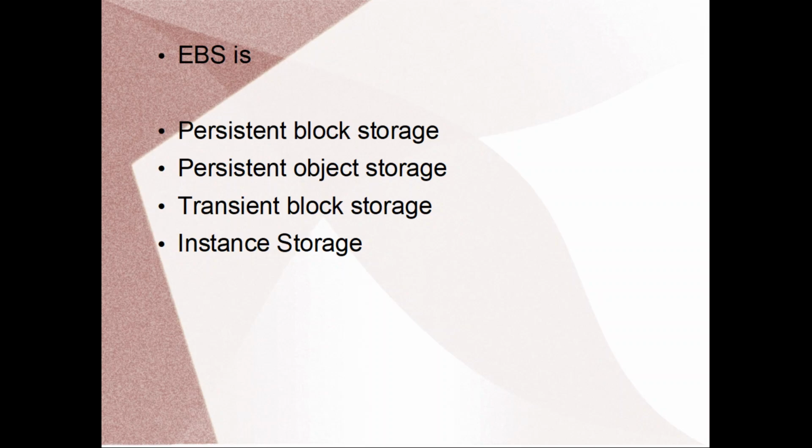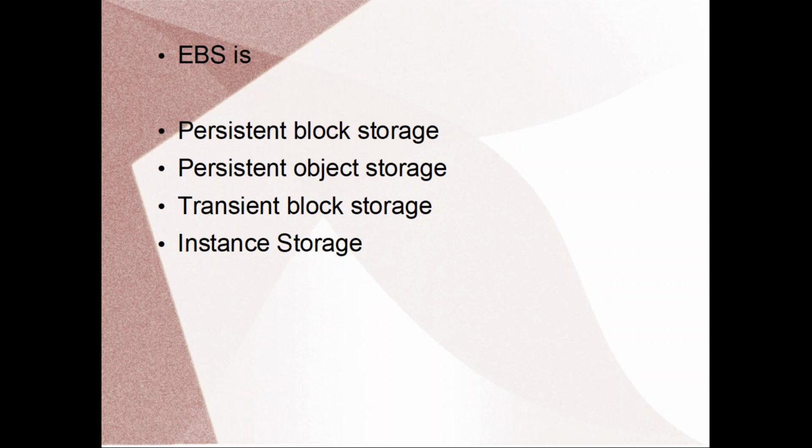And what is the difference between persistent and transient block storage? Persistent block storage means if you shut down and start up an instance, the data in your storage will always stay there, and if you shut down and start up an instance with transient block storage, the data will get wiped out.